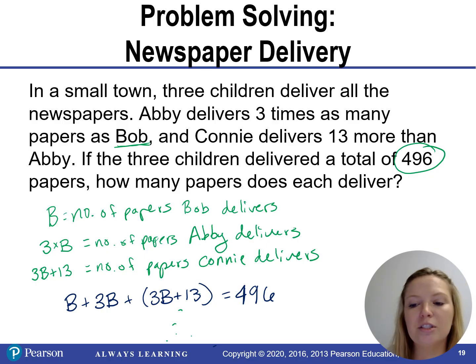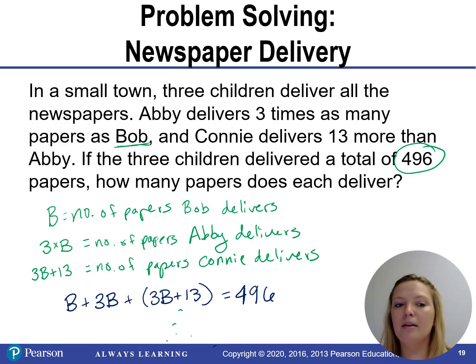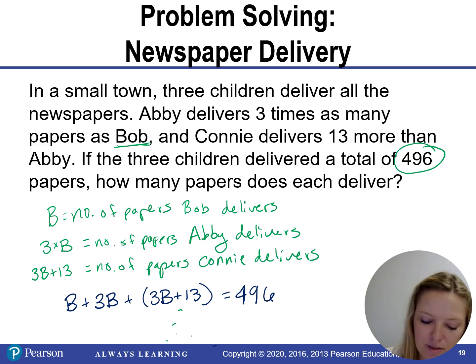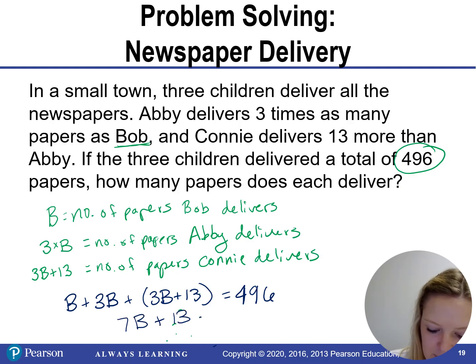All right, and now we just need to solve for B, and then knowing B, the number of papers Bob delivers, will allow us to know how many papers Abby and then Connie will deliver. So all I'm doing here is adding. So I have B plus 3B plus 3B plus 13. So I have B plus 3B, that's 4B, plus 3 more B is 7B, plus 13 equals 496.